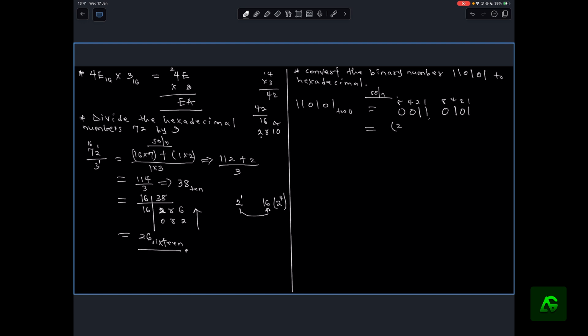So we have 2 times 1, 2, plus 1 times 1, 1, so we have 3 here. Then 4 times 1, 4, plus 1 times 1, 1, we have 5. So you bring the 2 together, that is 35 in base 16.